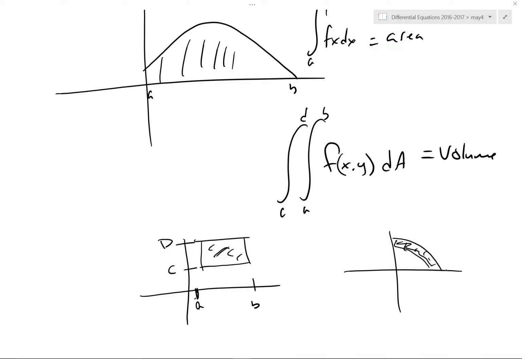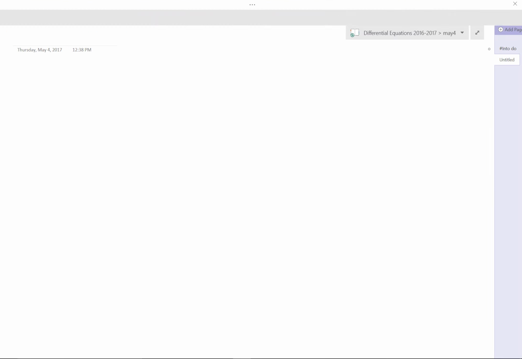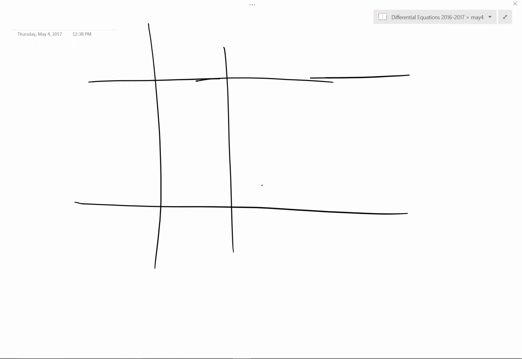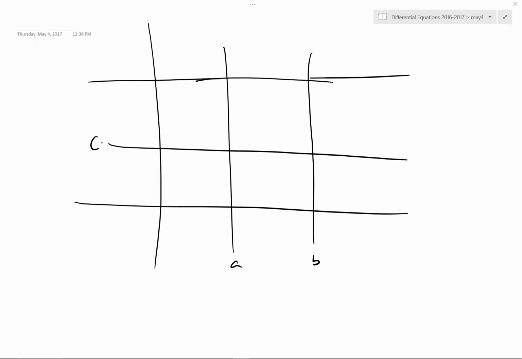So in your notation for the double integral, you said dA. Yep. I've also seen it written dx dy. Is that equivalent? Well, I'm getting to that. So if you have your region down here, again, from A to B, from C to D, if you cut it this way, you see dx's, and there's a bunch of them.